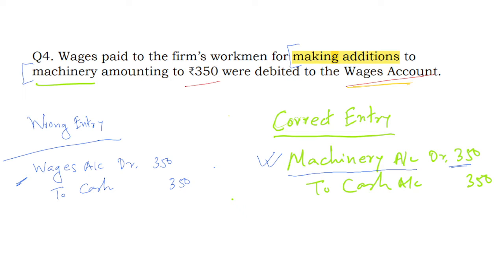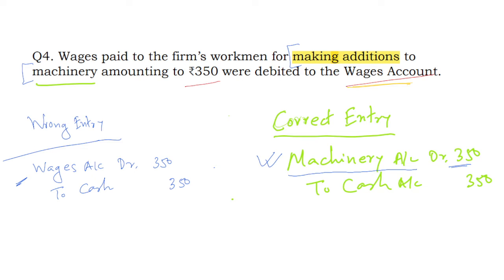So whenever any kind of additions are made, do not go with the amount 350. It may be 350 crore, no problem. But the thing is, whenever you make any repairs or any addition of a considerable amount to your asset, then that must be considered an asset, it must be considered capital expenditure.